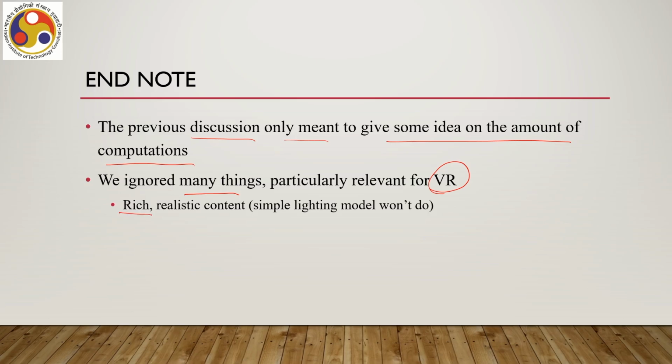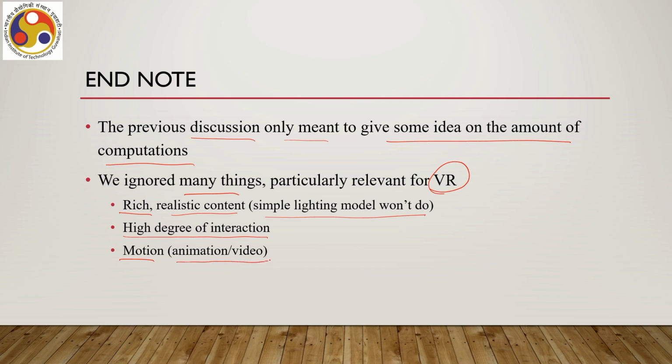In VR we require rich realistic content, where a simple lighting model may not be a good option. A high degree of interaction is there in VR, which we have not taken into account in our 3D graphics pipeline discussion, and there will be motion, which is achieved through animation or video.